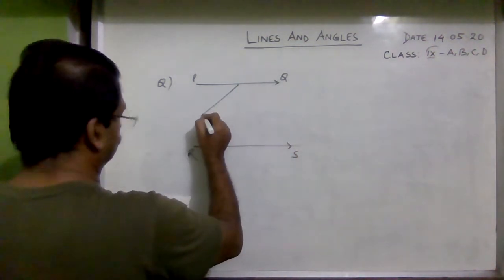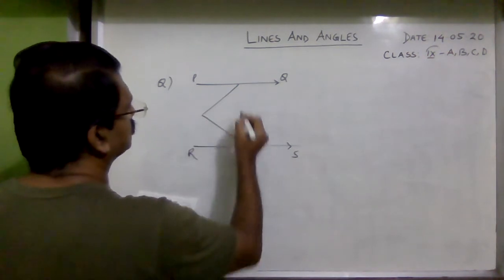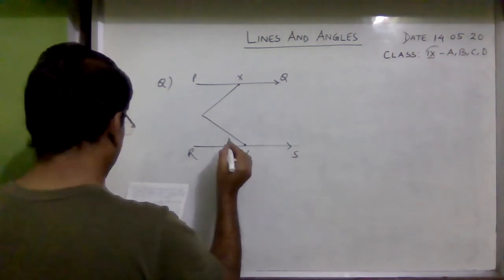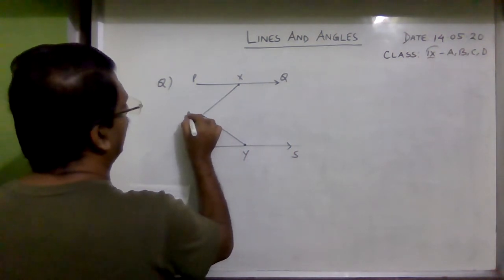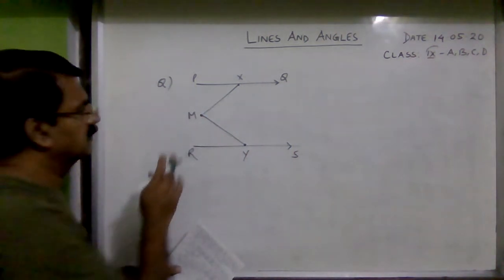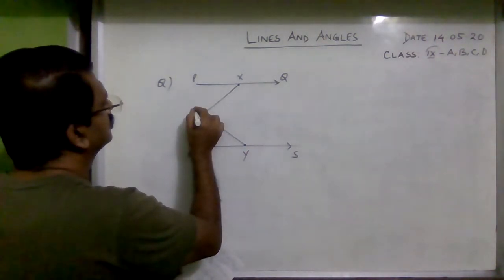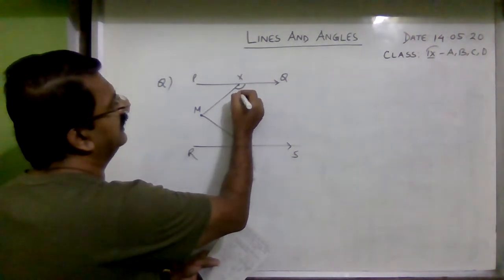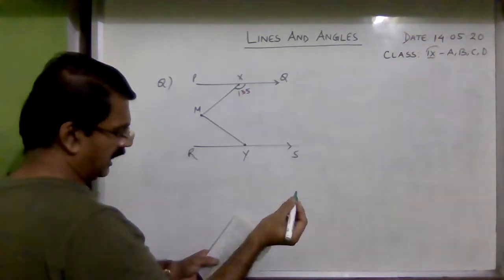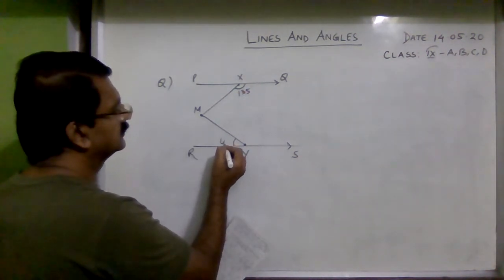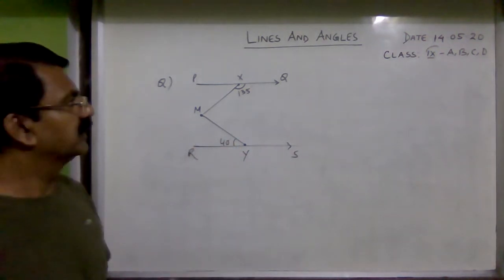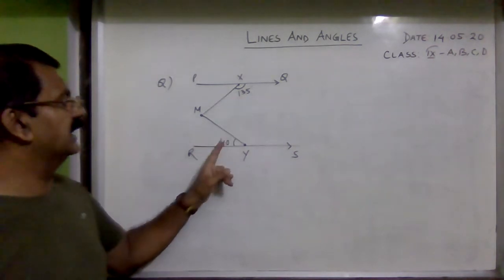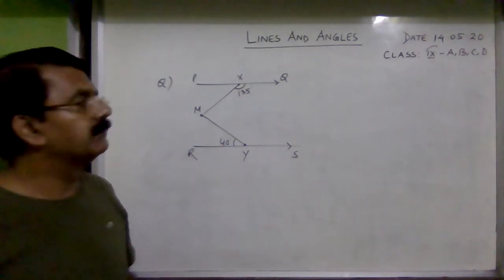Now this point is x, this point is y, and this point is n. It is given that this angle is 135 degrees and this angle is 40 degrees.